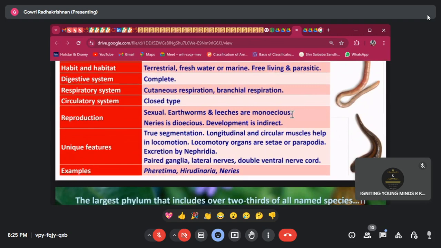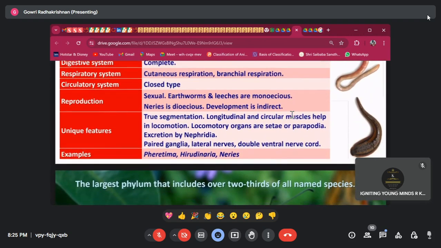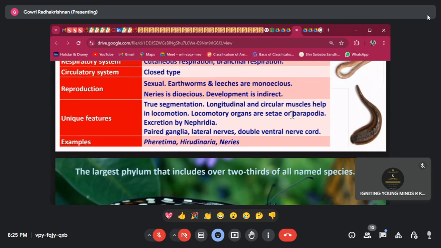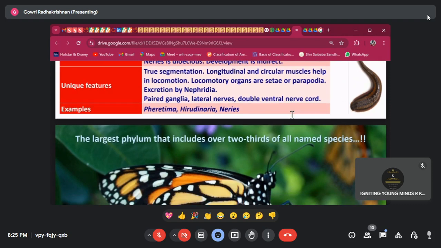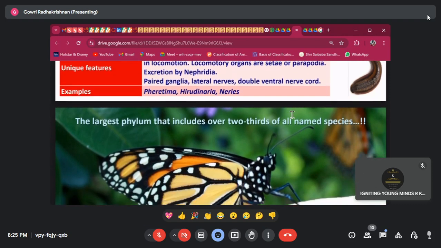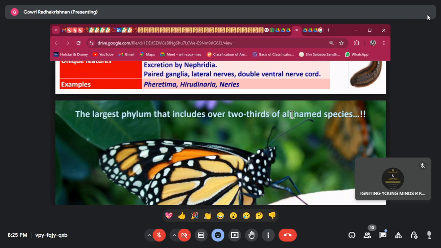Reproduction, sexual, earthworms and leeches are monoecious, and nereis are dioecious. Development is indirect. And unique feature is true segmentation. Longitudinal and circular muscle helps in locomotion. Locomotory organs are setae and or parapodia. Excretion by nephridia. Paired ganglia, lateral nerves, double ventral nerve cord.